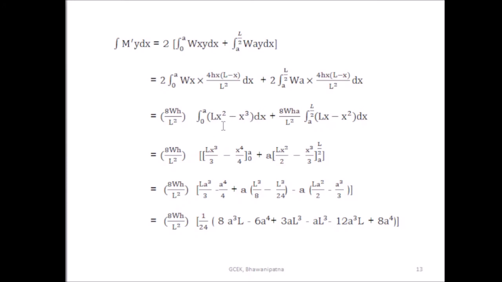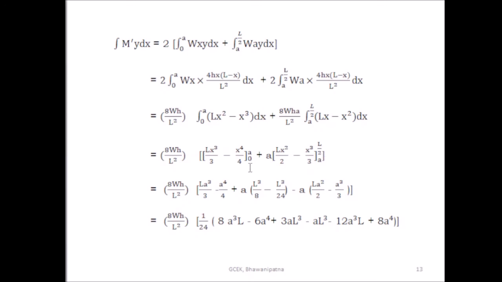Then after taking the integration, you get 8wh by l square, l x cube by 3 minus x fourth by 4 from 0 to a, plus a times l x square by 2 minus x cube by 3 from a to l by 2.